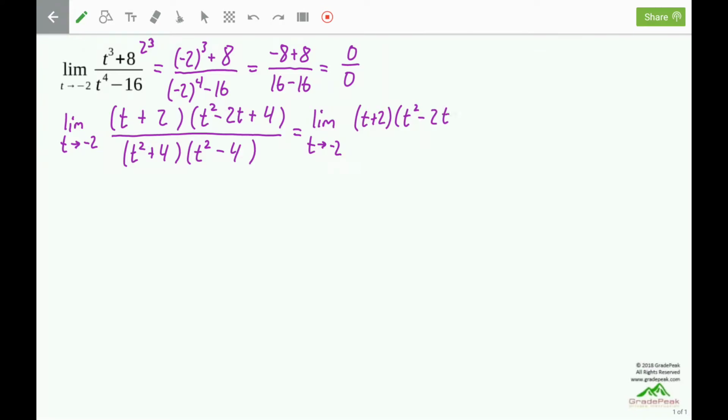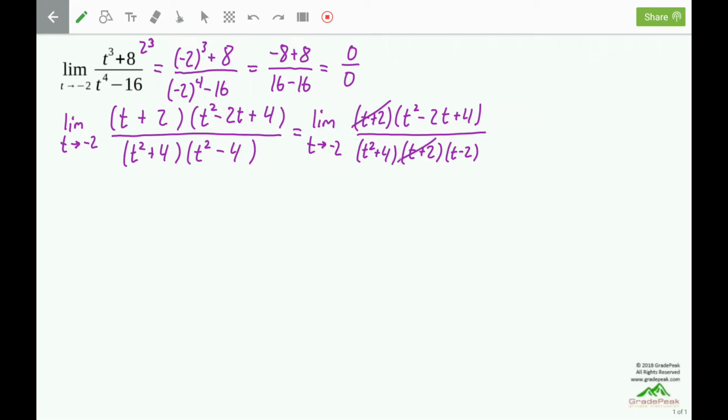In the numerator, we leave it all alone. In the denominator, this first one is a sum of squares. That never factors. But the difference of squares will factor into t plus 2 and t minus 2. And we have a t plus 2 in the numerator and denominator as expected. That's making the 0 over 0.